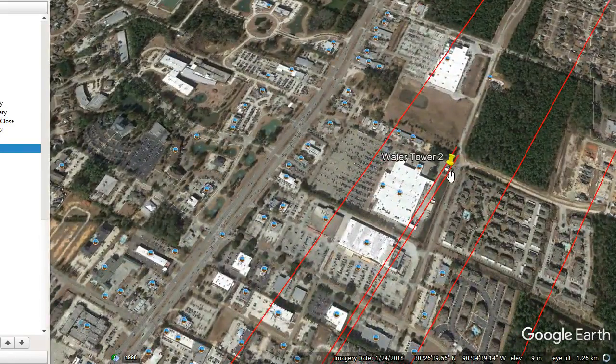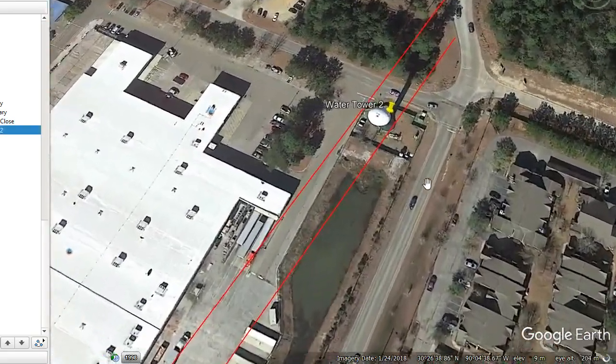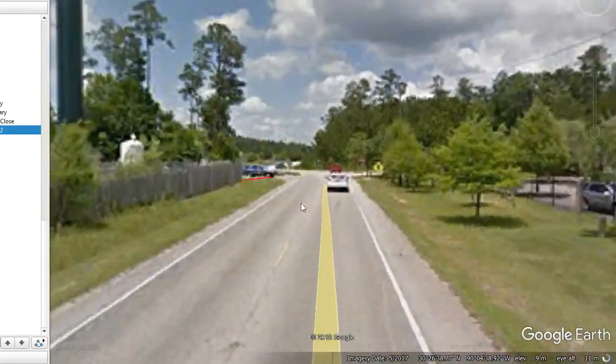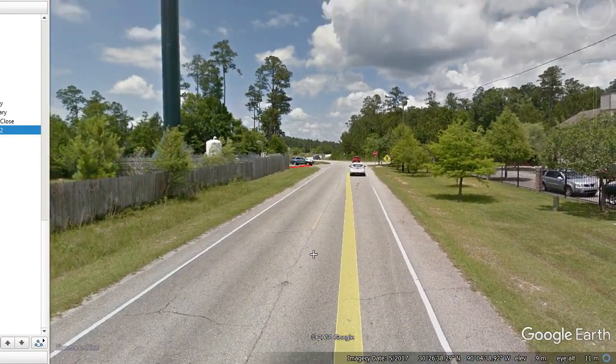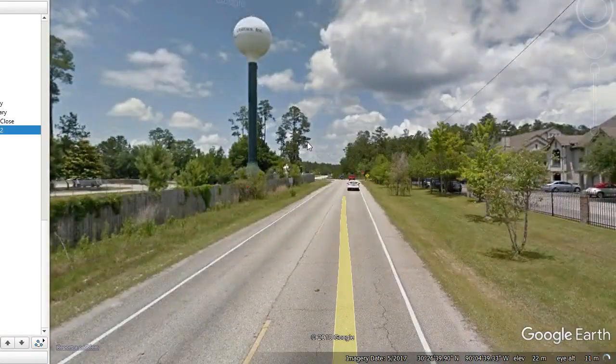It's like 50, 52, no, it's not that far back. 46 kilometers, I think, was the line. And I'll just show you this view. But it seems considerably taller than the other water tower, and it does have the more spherical shape to it.